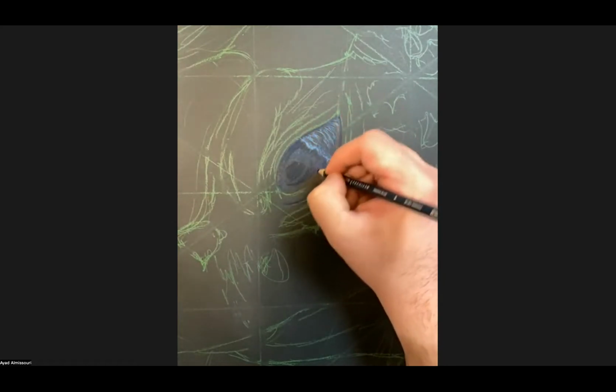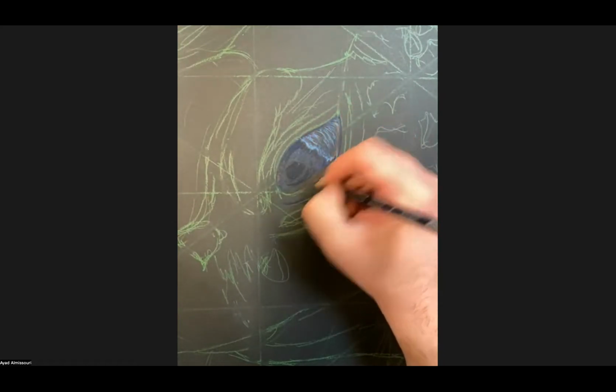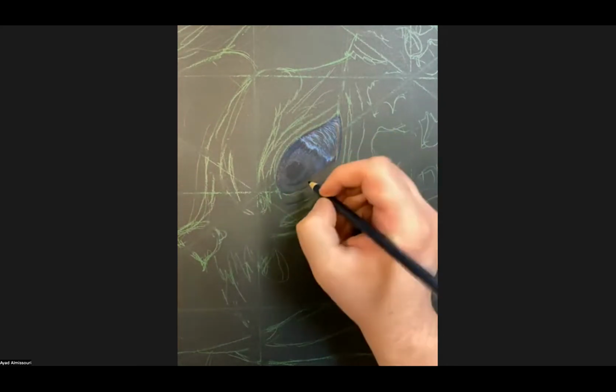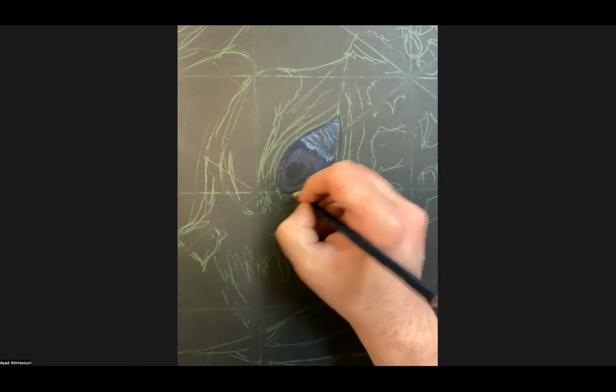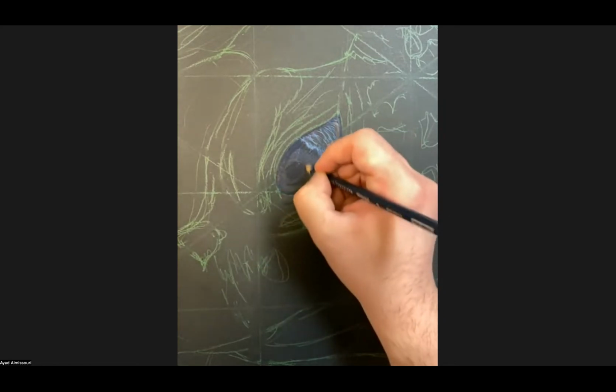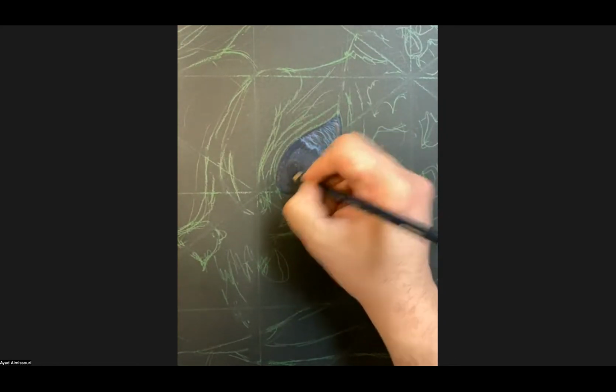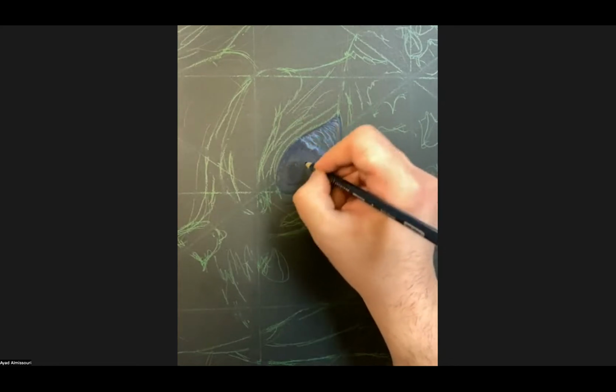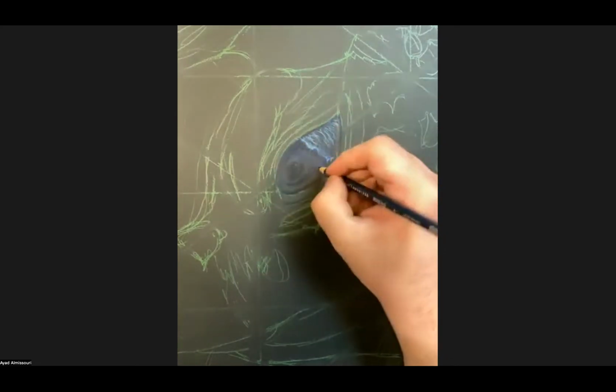But look how many layers we're adding on here, guys. Multiple layers. Because if you think this is just one color, you're not observing the animal more and more closely.